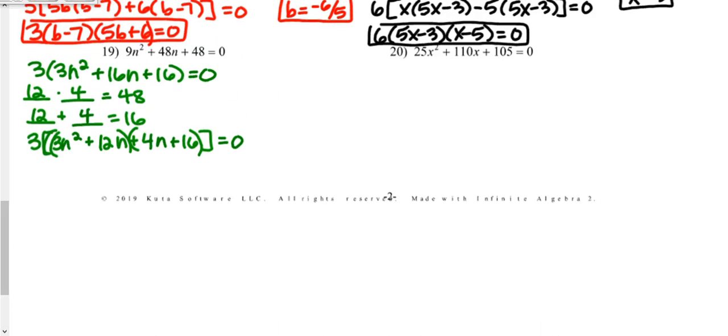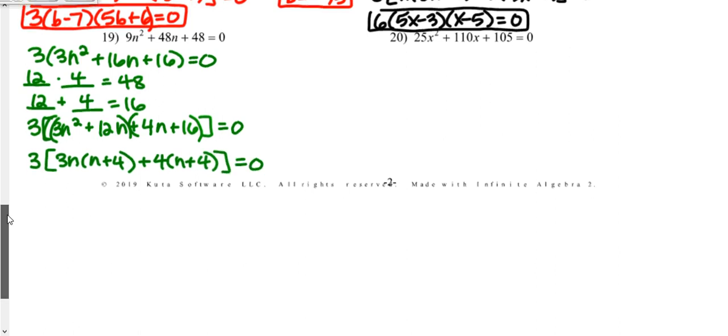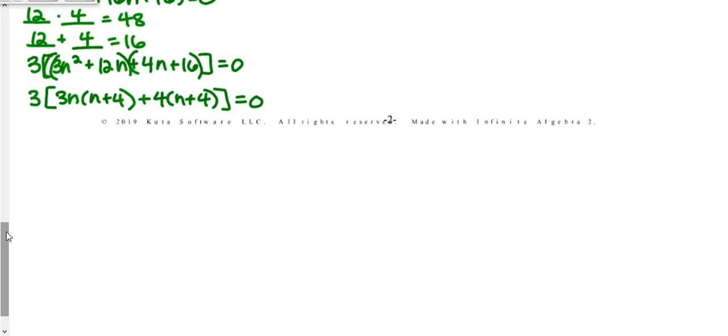And then take out your greatest common factor. And then write your factored form. And then find your zeros.